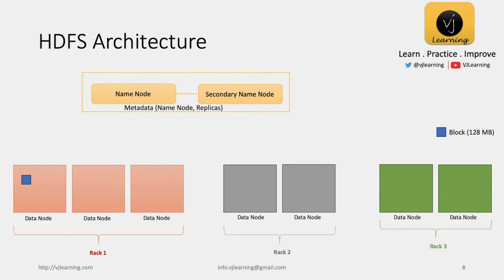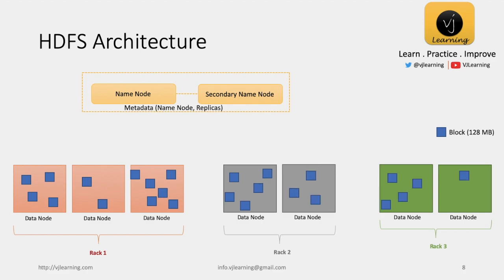Each of these data nodes stores data in blocks. A data block is 128 MB of data storage. These data blocks are distributed across data nodes, and each data node has a bunch of data blocks, which will be a storage area for any data.